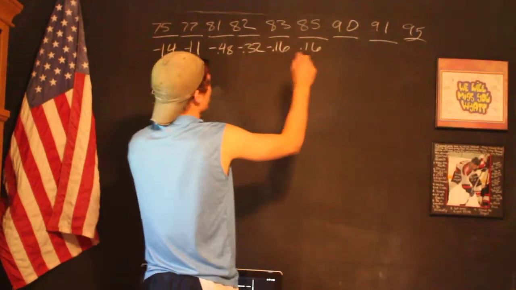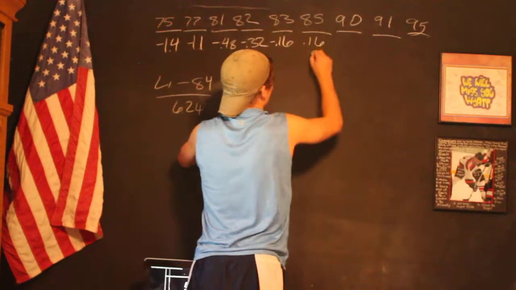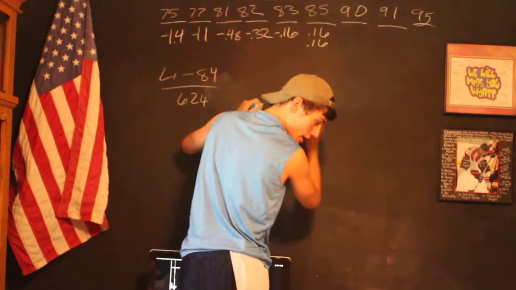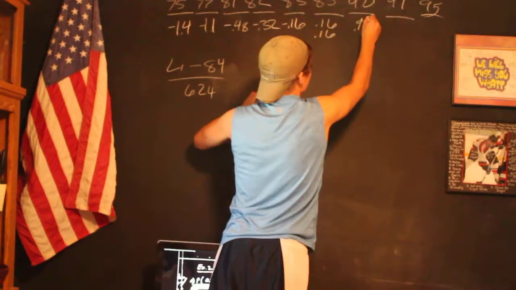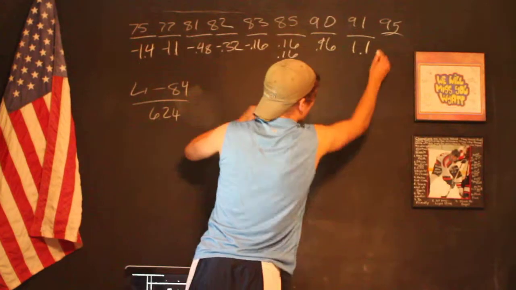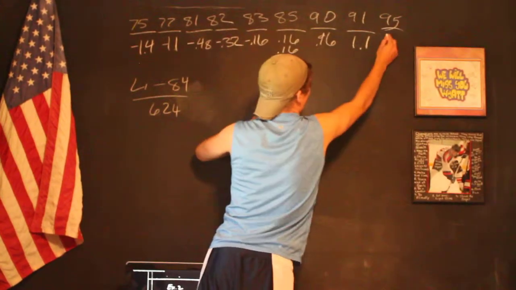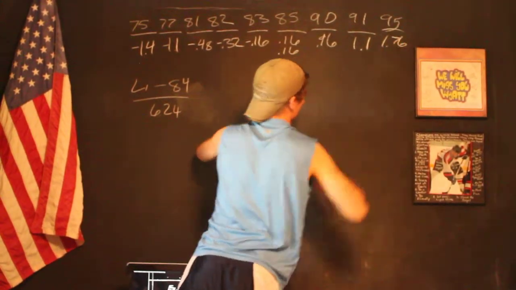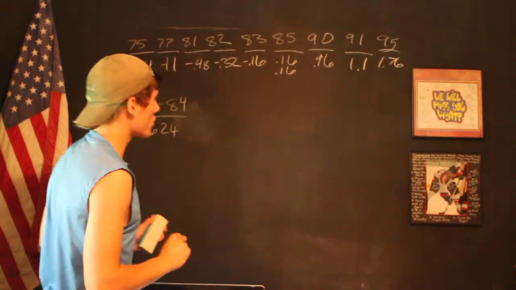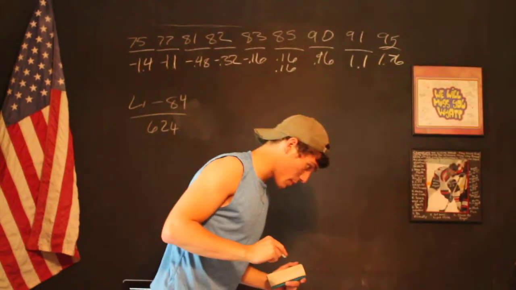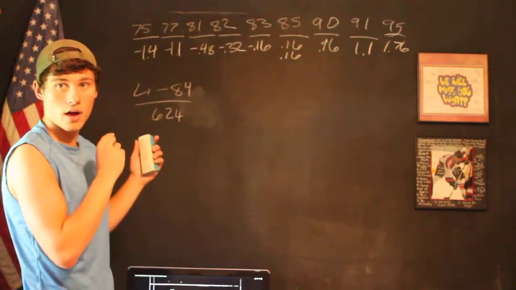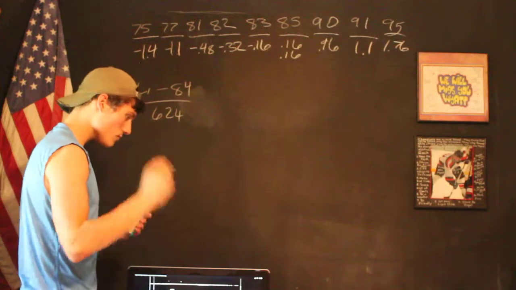I need another 85 in there, so just know that there's another 0.16 right there. And then 90 is 0.96, 91 is 1.1, and 95 is 1.76, and those are the respective z-scores for these 10 test scores.